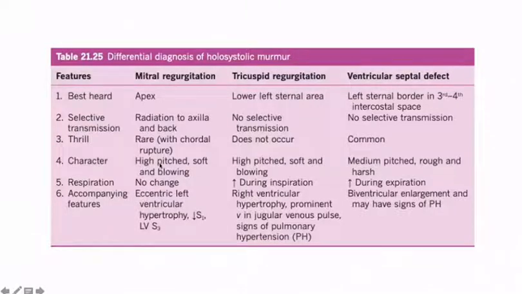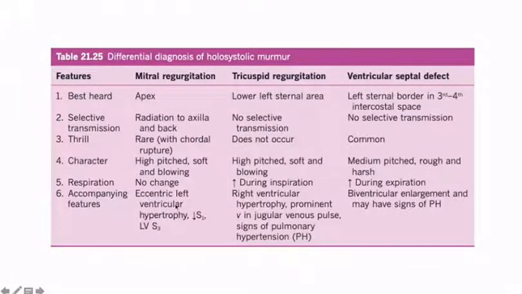And coming to the characteristics of the murmur, it is a soft blowing murmur in MR, whereas in VSD it is a rough murmur. With respiration or with any atrial fibrillation or VPC, there is no change in the MR murmur, whereas in tricuspid regurgitation there is an increase of murmur with inspiration, and in the VSD there is an increase during expiration.